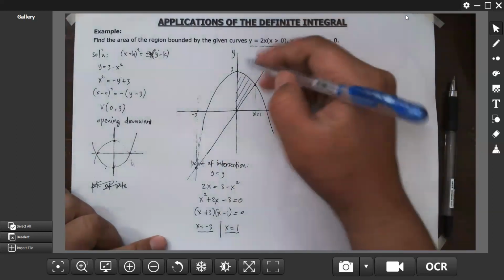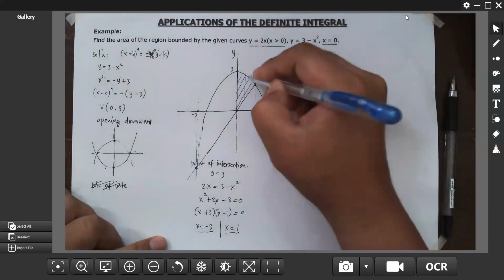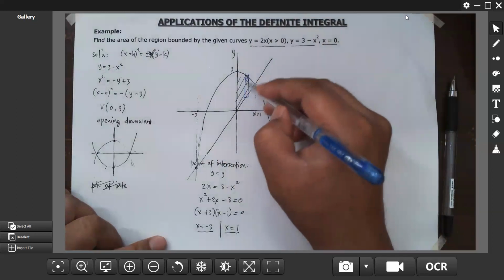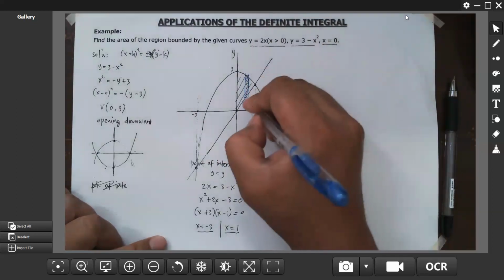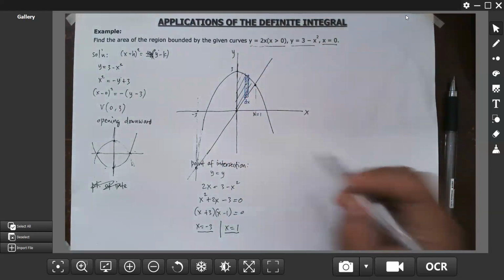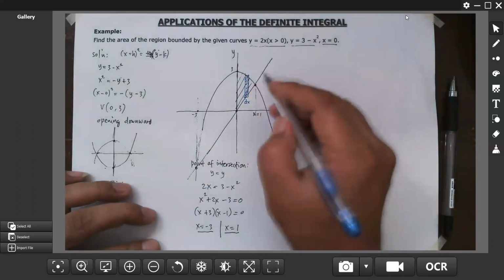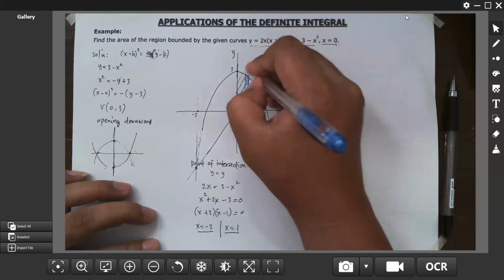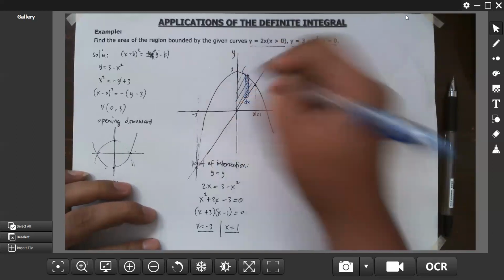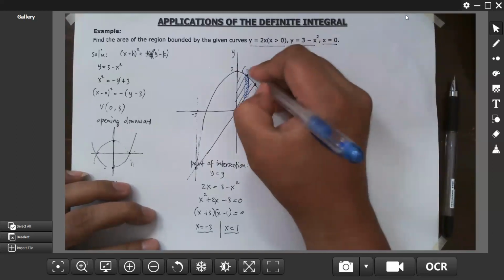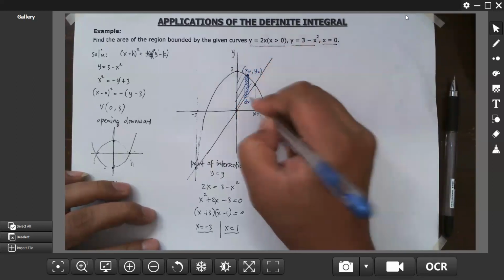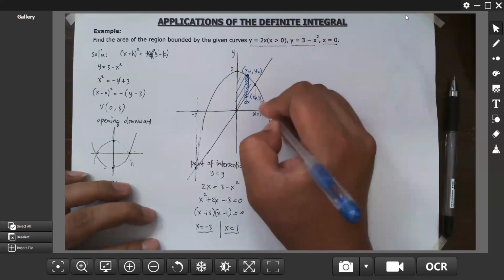So let's analyze a vertical rectangular strip. Our thickness is dx, same as the previous problem. We'll use up and down. The coordinates of the upper point are x, y up, while for this one it's x, y down.